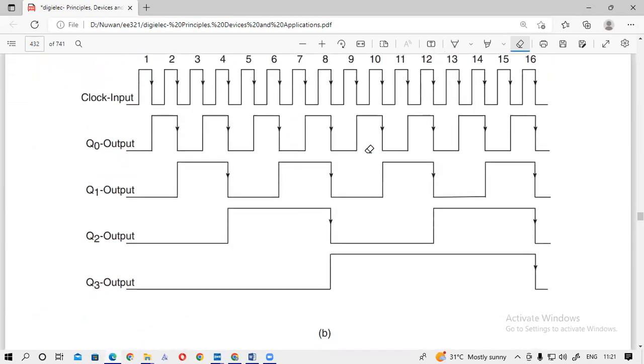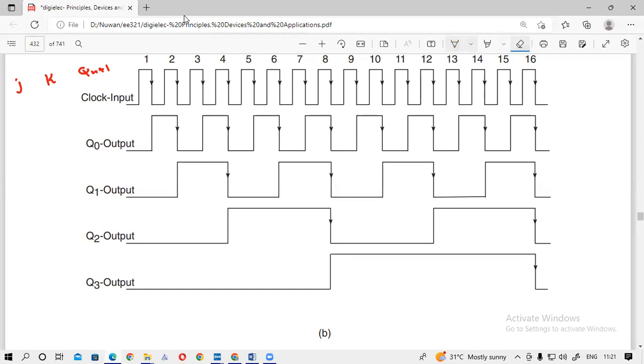We need the function table of JK flip-flops. Can anyone tell me how the function table looks for JK flip-flops? So this will be Qn plus 1.